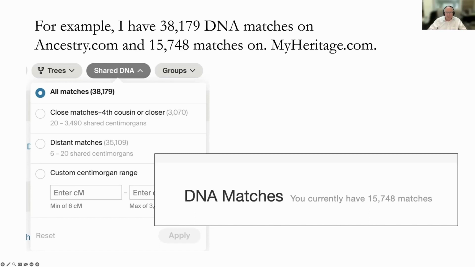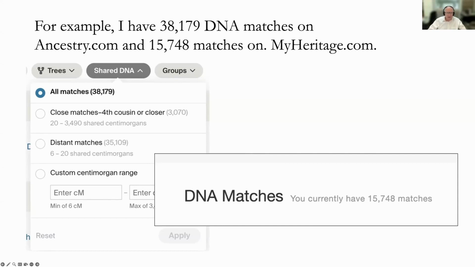And I have 38,000 plus on Ancestry, and I have 15,000 plus on MyHeritage. And you can see down below, the number is a little bit larger than the number that was on when I originally drafted this a couple of weeks ago.